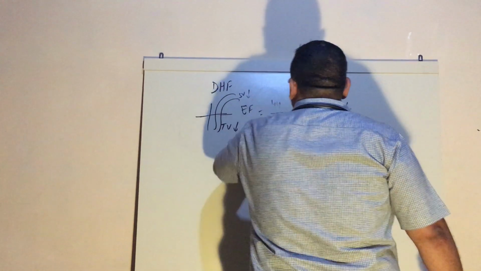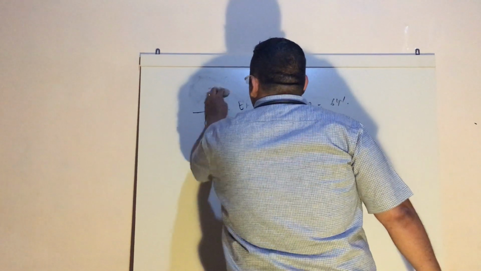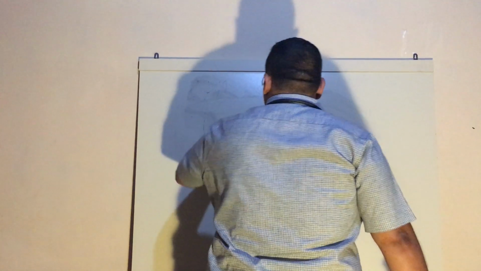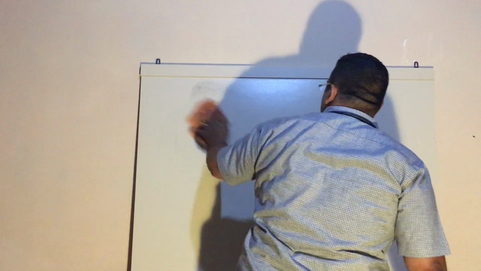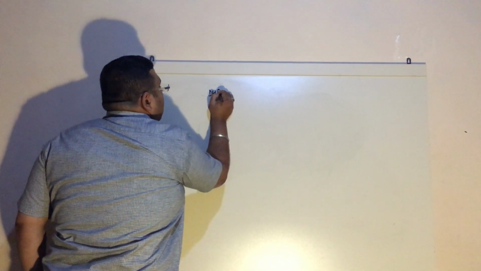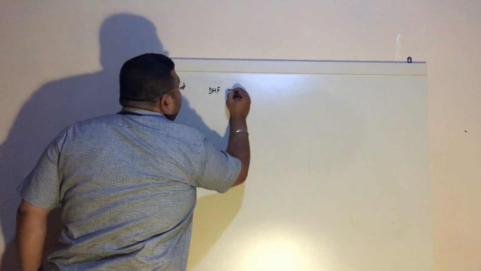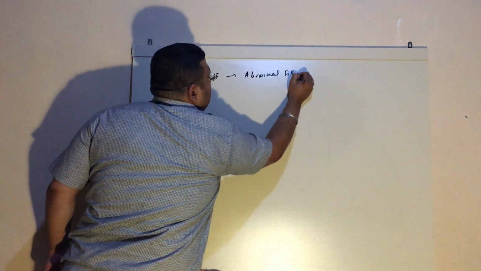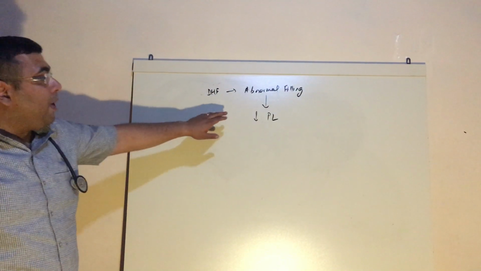Now, I would further like to take you to another concept. Diastolic heart failure is basically abnormal filling, as you all know, and this abnormal filling is also reducing the preload, right?